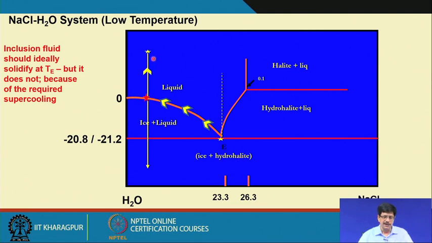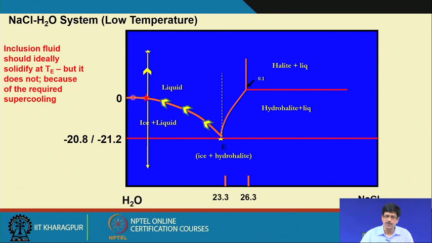And we can still further heat and bring the inclusion to room temperature, which would always be a good practice, or we can just record, because the only temperature we need to record here is this temperature. So it will be the depression in freezing point.